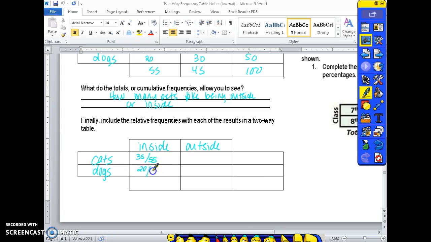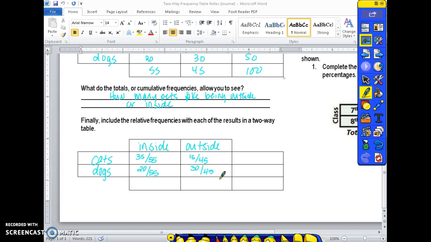There are 20 out of 55 total that like being inside that are dogs. So the relative frequencies is how many cats is it compared to everyone who likes being inside? How many dogs is it compared to everyone who likes being inside? So you're making ratios. There's 15 cats that like being outside out of 45 total animals that like being outside. 30 of the 45 are dogs.